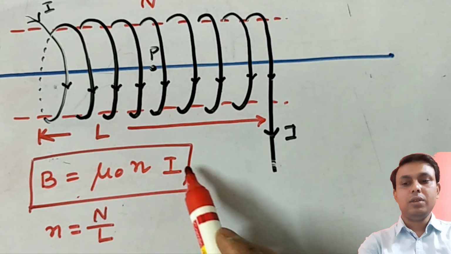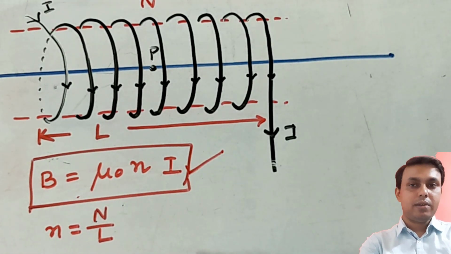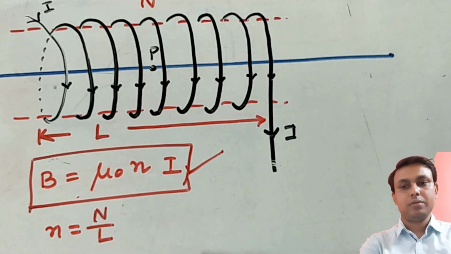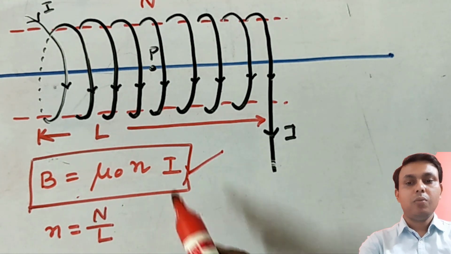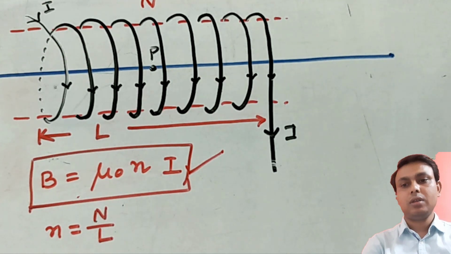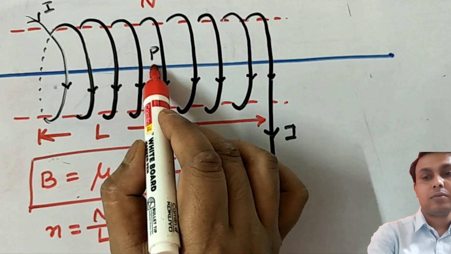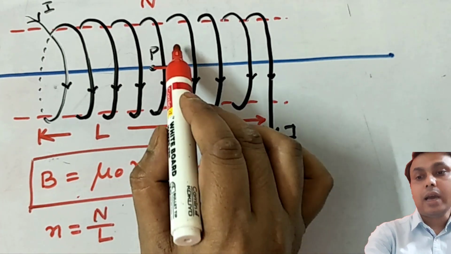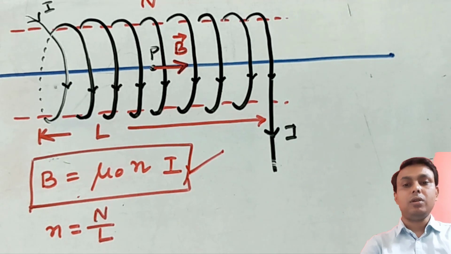So this is the magnetic field at a point on the axis of a solenoid, and the direction of the magnetic field can be obtained from the direction of current in this solenoid. Here the direction will be along the axis in the rightward direction.